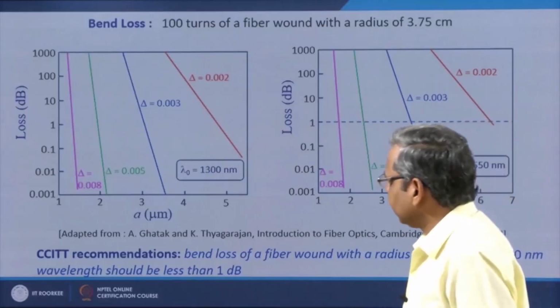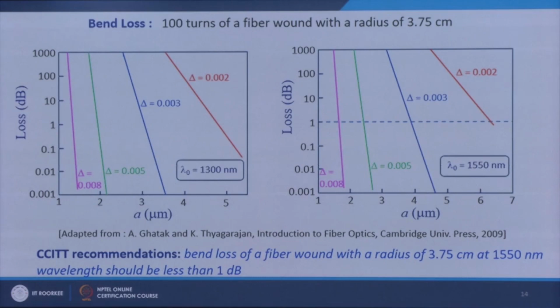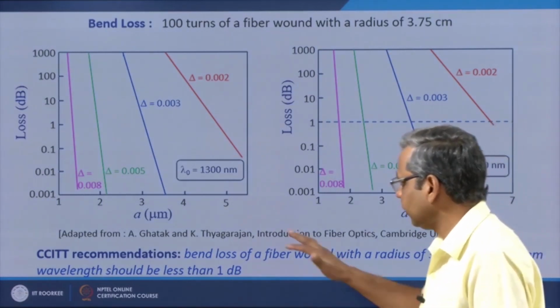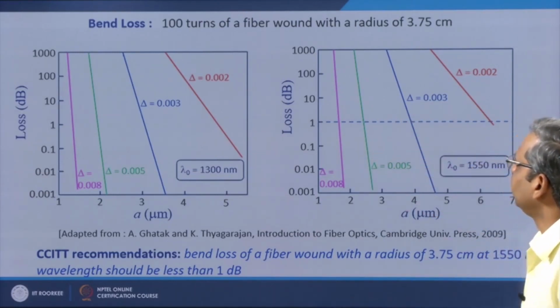According to CCITT recommendations, the bend loss of a fiber coiled with a radius of 3.75 centimeter at 1550 nanometer wavelength with 100 turns should be less than 1 dB.